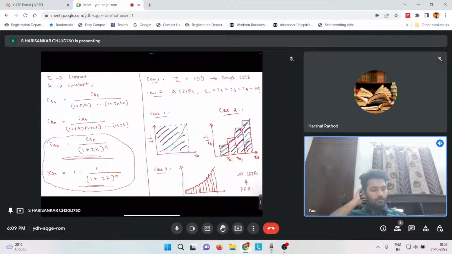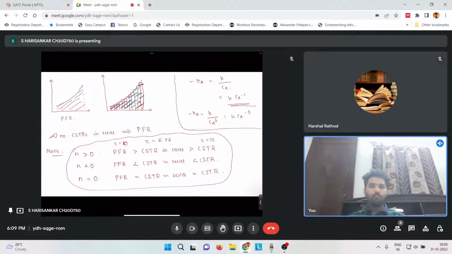We also saw that when it comes to CSTRs in series, an infinite number of CSTRs in series is equivalent to a PFR, and this graph basically shows that. We also looked into what will be a better choice when the reaction order is greater than zero.